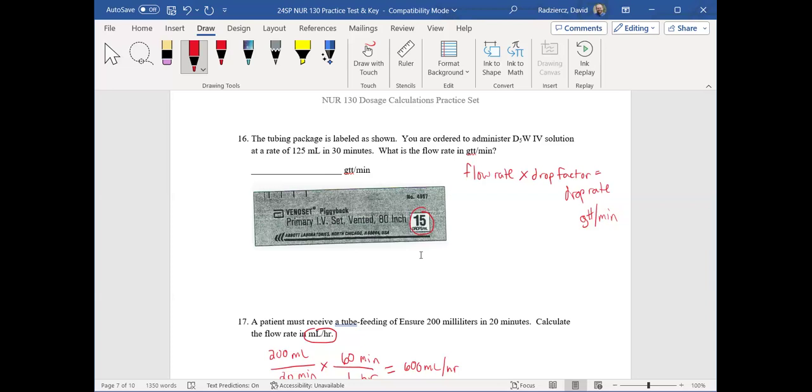But drops are a lot like capsules. You can't give somebody a partial capsule and you can't give somebody a partial drop. It's either a drop or no drop. So you're going to round to the nearest whole drop. So if you get a number like 20.23, 20 drops.